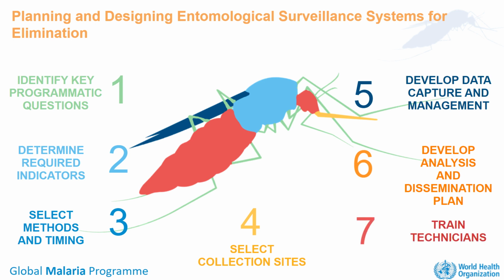Finally, technicians will need to be informed of the indicators to be collected and the reasons for their collection, and trained in the methods for collecting entomological data and capturing the information in data systems. After the training, the system can be implemented, monitored, evaluated, and data analyzed.